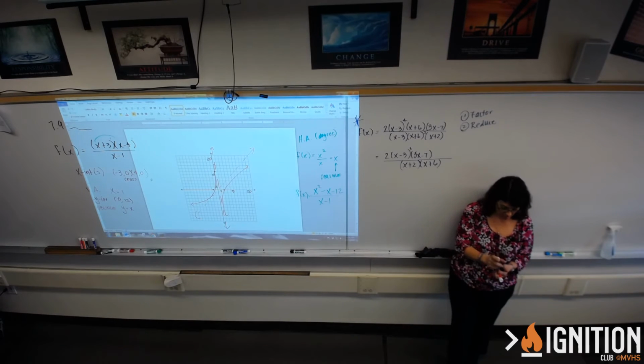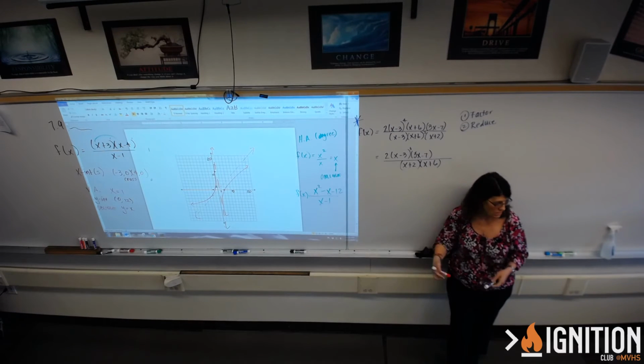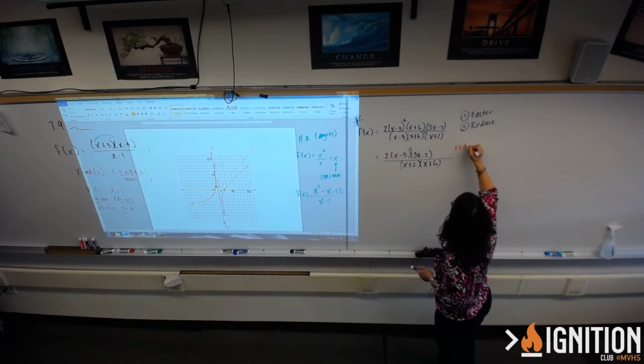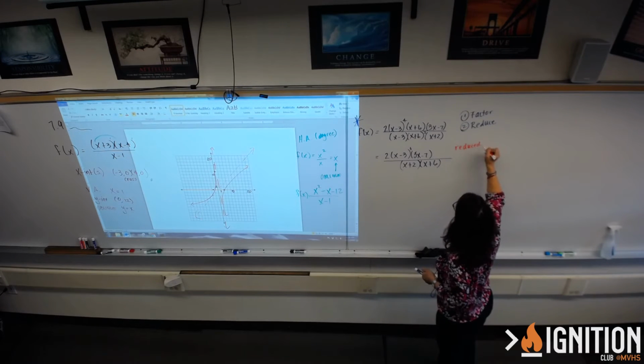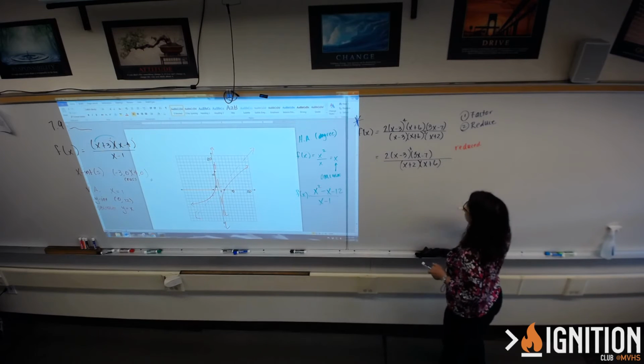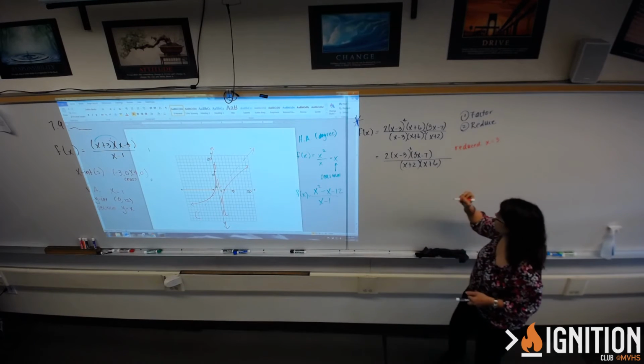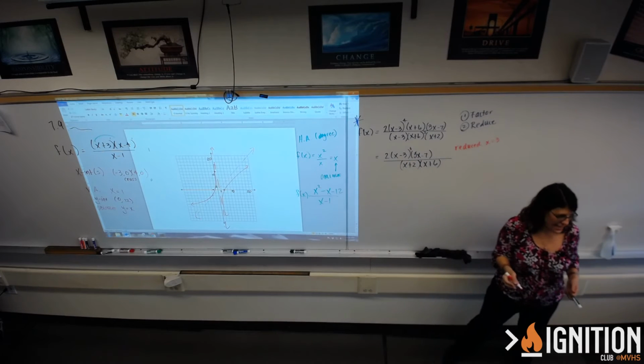Okay, so what we're going to do is just off to the side, write down the discontinuities that we removed. So we reduced, we took out x equals 3. It's still here, but we did take it out.